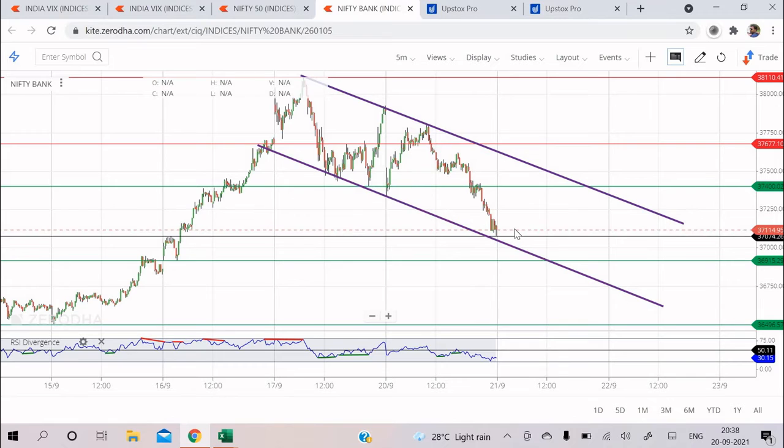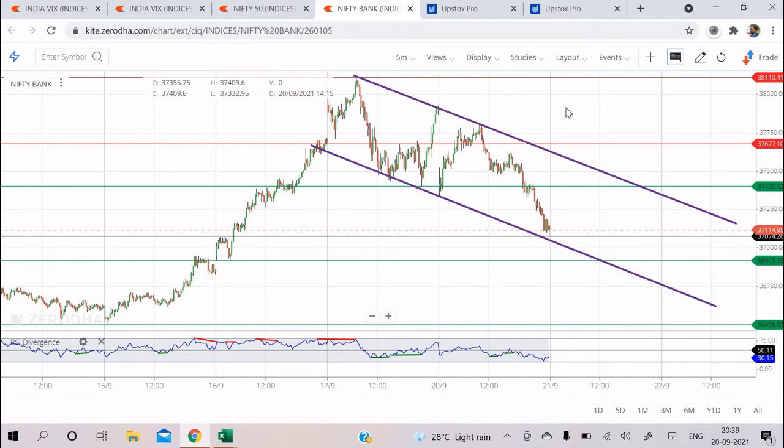During the correction, the problem is it may resume the uptrend anytime, because it can find support anywhere and people may enter and take the price higher. So definitely this is not a place to look for selling. What we can do is, if we see a bounce here and then the price goes up and forms a lower high and comes back again, then we can plan for trades for the downside. So this is my view for Bank Nifty.